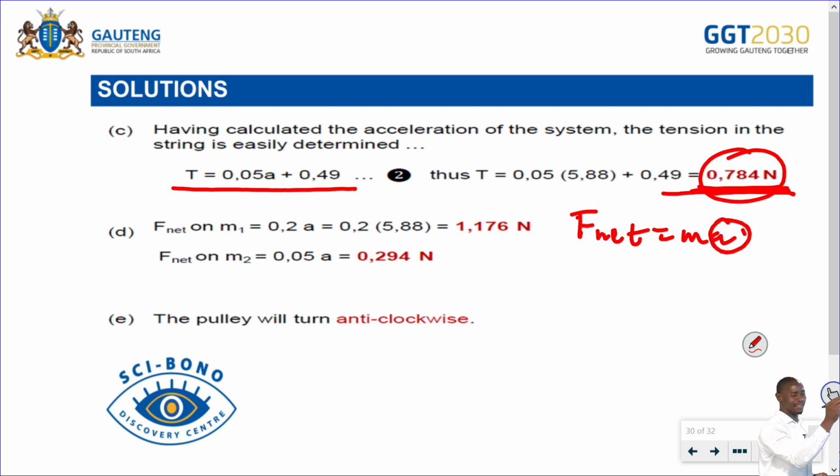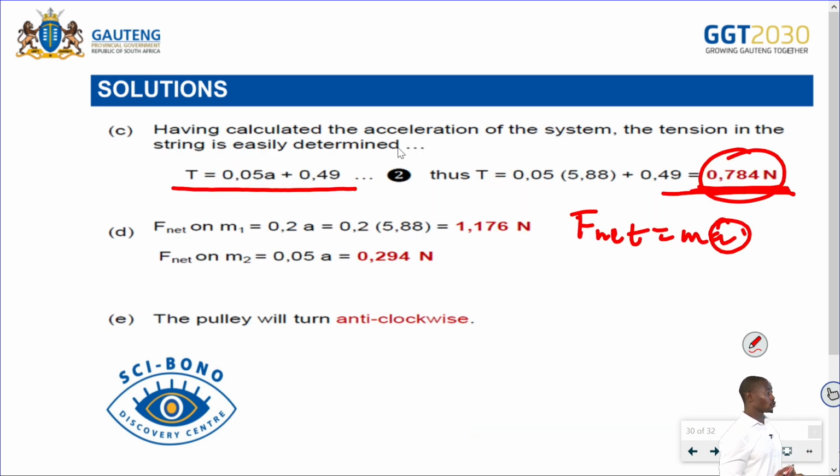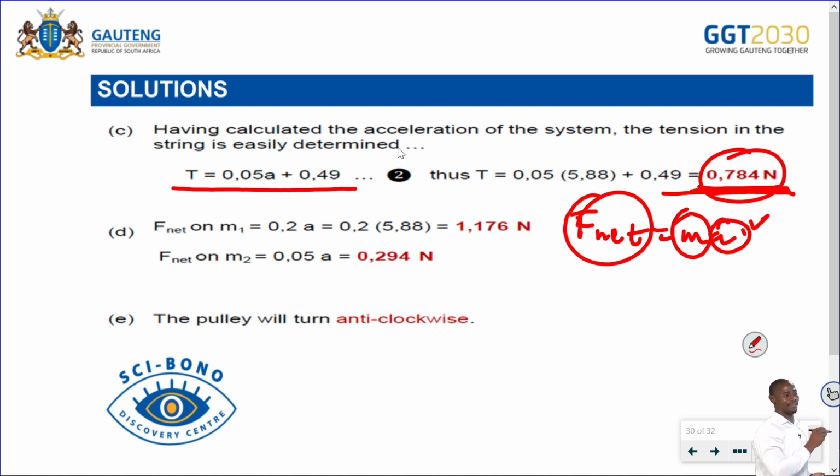Why am I saying it will depend on the mass? The acceleration that we got is 5.88, right? So the system accelerated at 5.88. So in other words, your acceleration is constant. So how are you going to get the net force now? We are looking at net force versus mass, right?